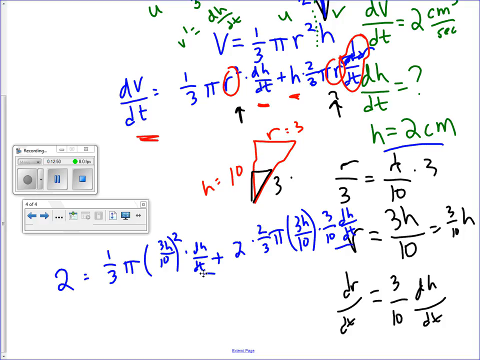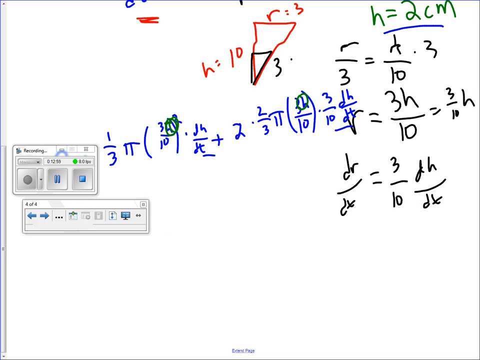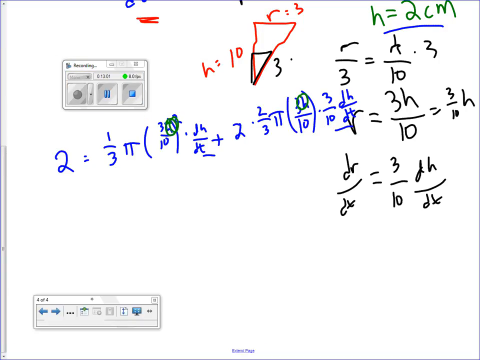I do still have an h in here, right there, but I know that h is 2. So let me go back one more time and rewrite this again, knowing that h is 2.